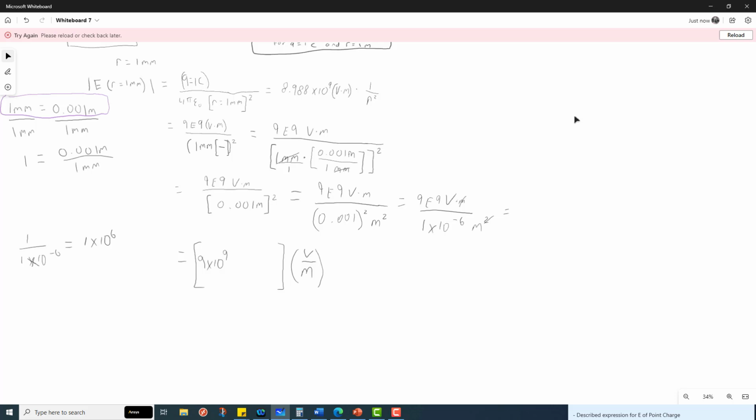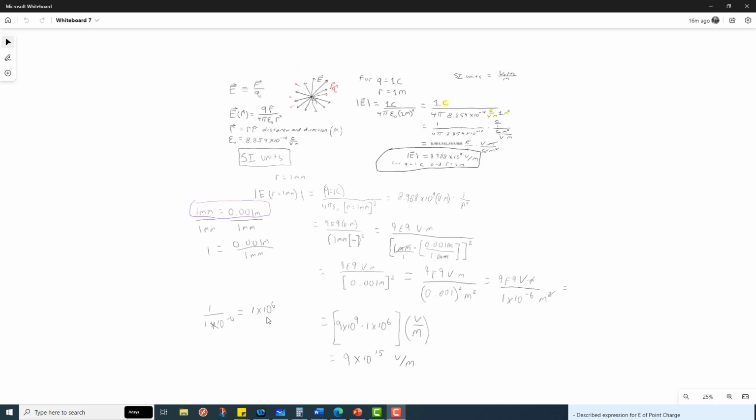So what I can do is replace this, so that's 1 times 10 to the positive 6. So now you remember from multiplying exponents, 9 times 1 is going to be 9. And all I have to do now is add these exponents. So it really wasn't all that bad. If I add 6 to 9, I'm going to get 9 times 10 to the 15 volts per meter.